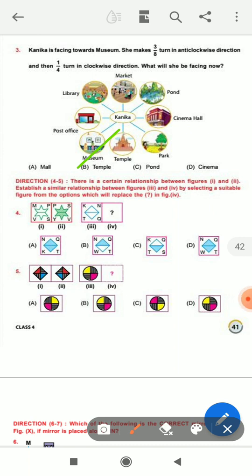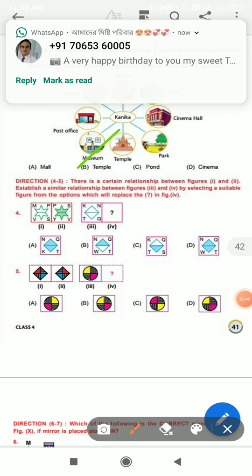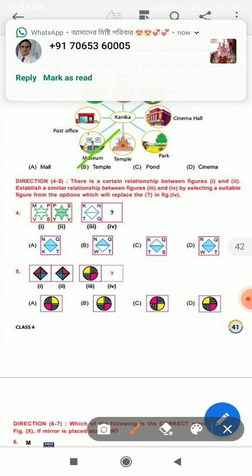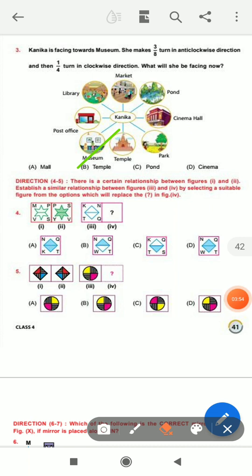Okay, student. Next I discuss question number 4. There is a certain relationship between figure 1 and 2. Establish a similar relationship between figure 3 and 4 by selecting a suitable figure from the options which will replace the question mark in the figure.